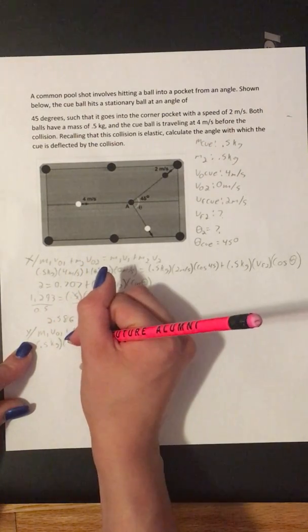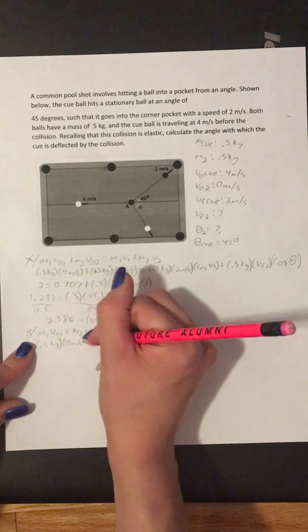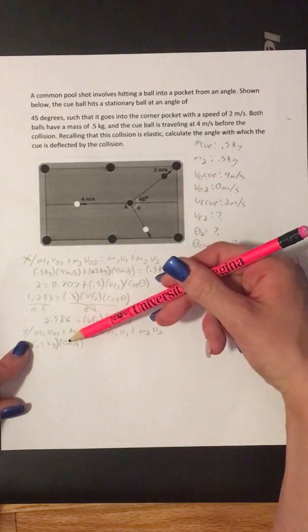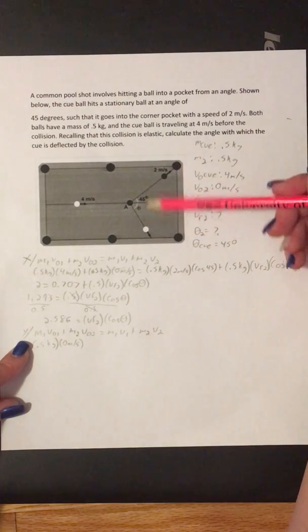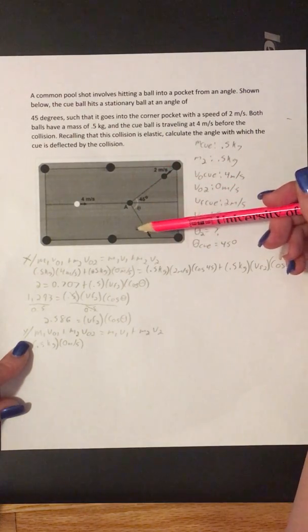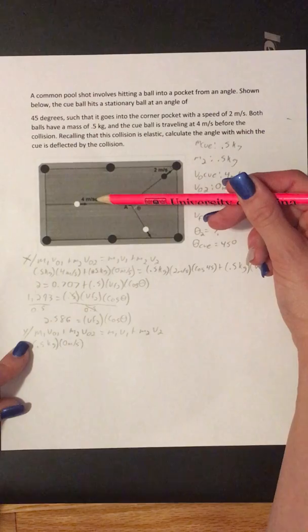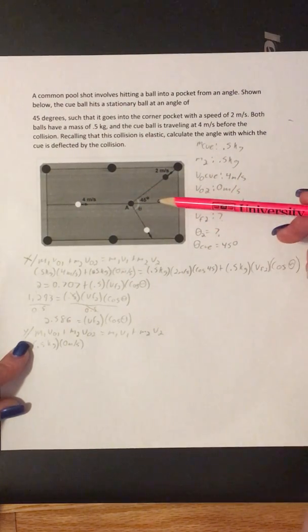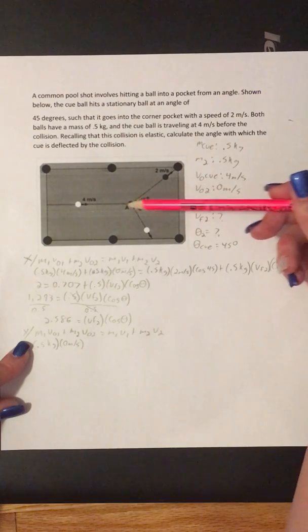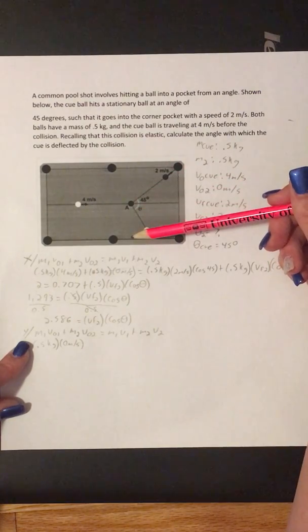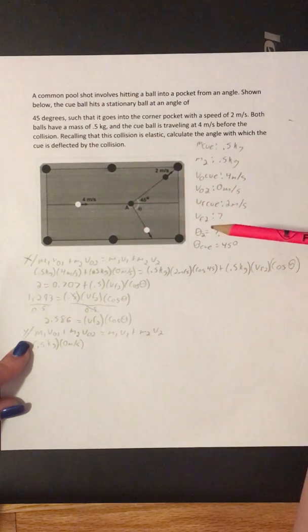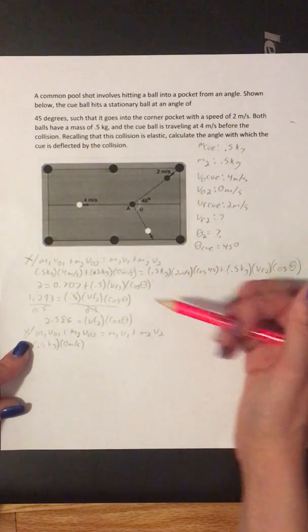And then the velocity is equal to 0 meters per second. Because remember what I said, that with the y values, we can only go up and down. So the 4 meters per second here for the first ball is going in the x direction. It's going this way. So we can't use it because it isn't going in the y direction.